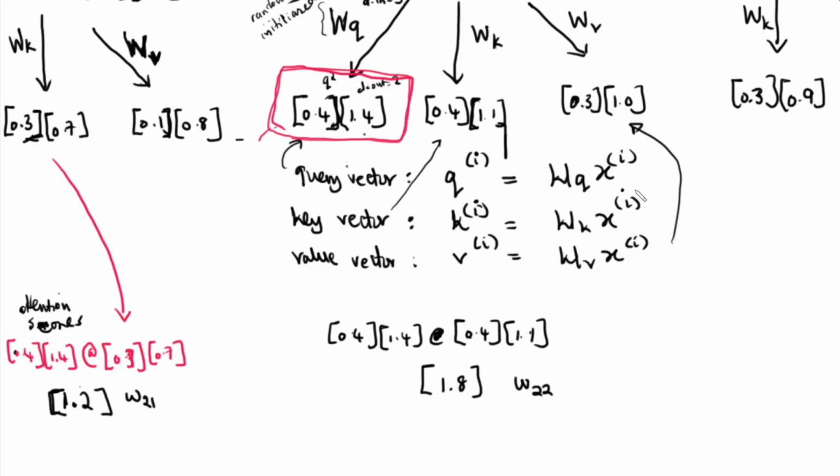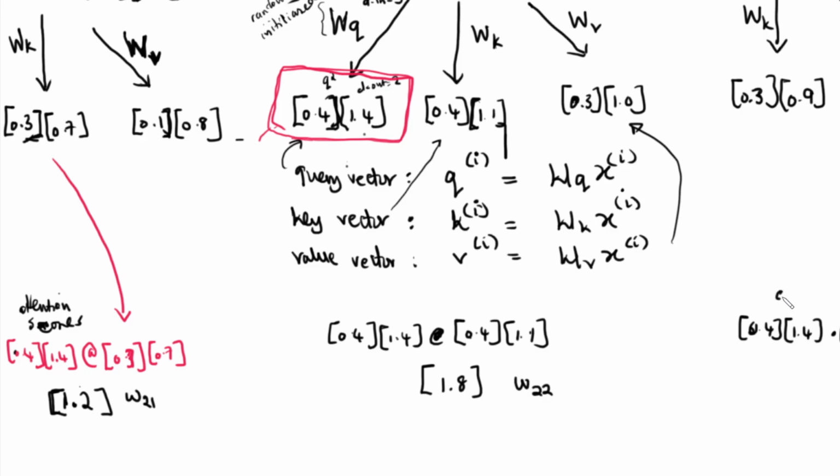And all the way up to the last one. You take the query vector again for that particular input that you're doing, and the key vector now for the last one. So here I'm saying, for what context vector are you calculating? You're calculating the context vector for vector number 2. So you take the query for vector number 2, which is Q2.